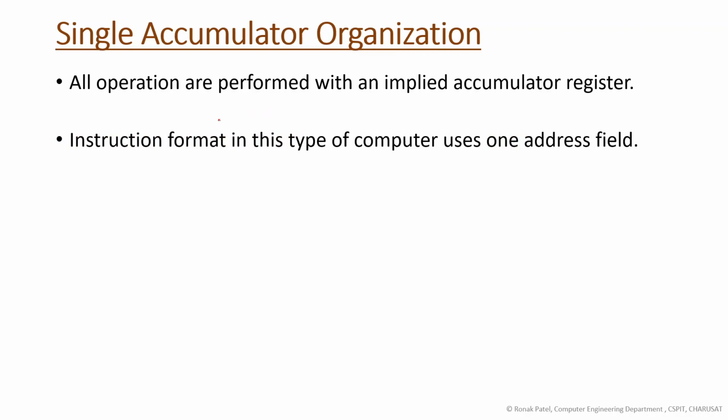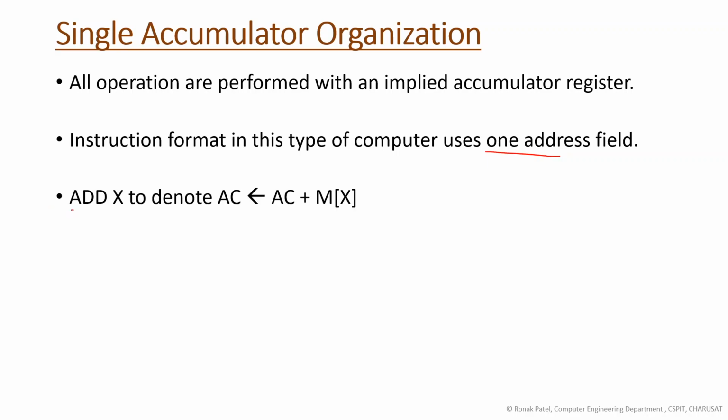The instruction format in this type of computer uses one address field. For any operation you require two operands. One operand is assumed to be already in the accumulator, otherwise you need to bring it into the accumulator, and for the other you need to specify the address. So only one address we need to specify.